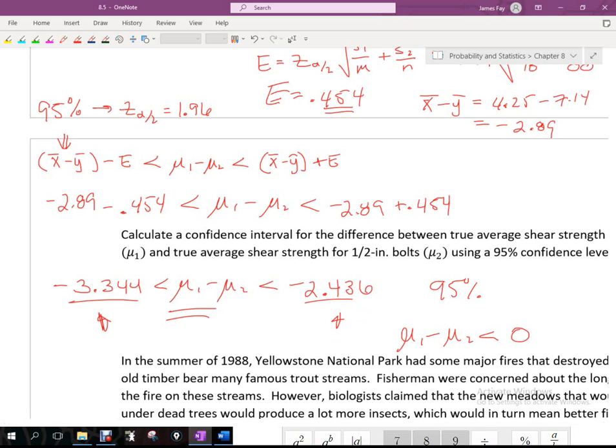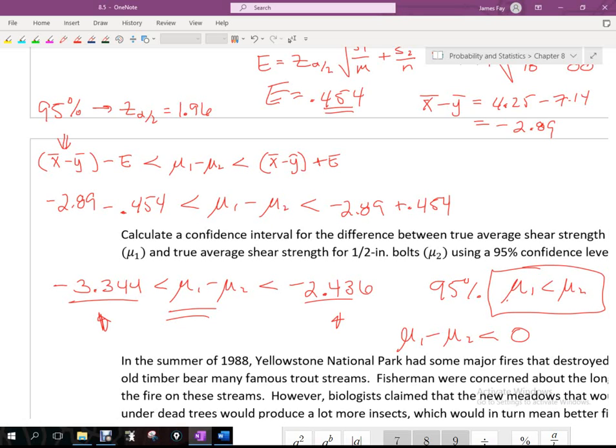Okay, well, if I do a little bit of algebra here, real easy algebra, add mu sub 2 to both sides, you get that right there, correct? So what does that tell us?